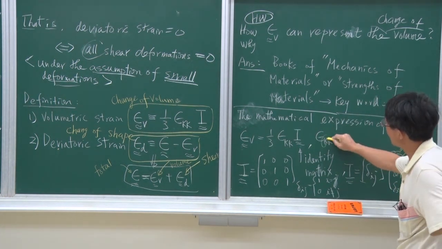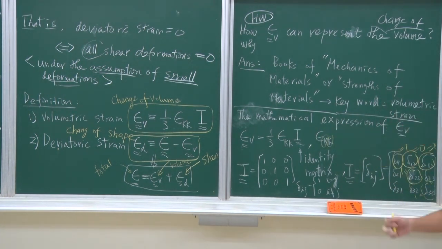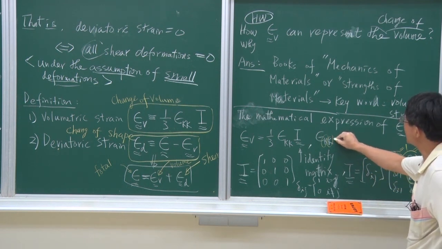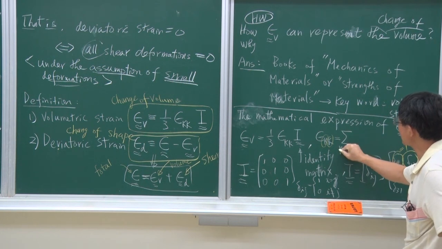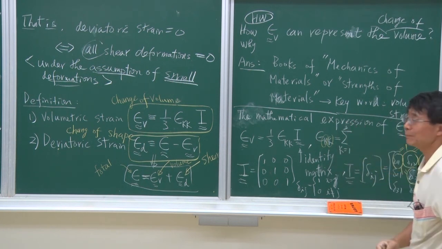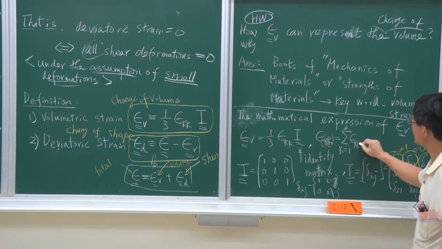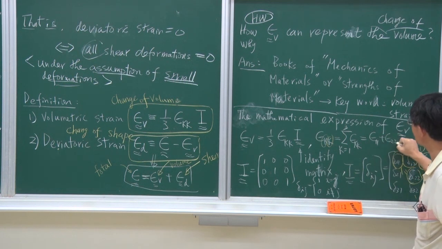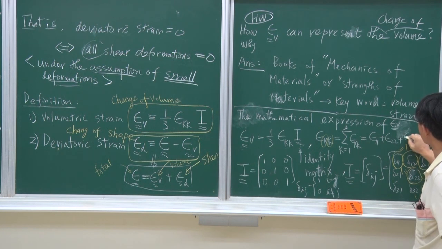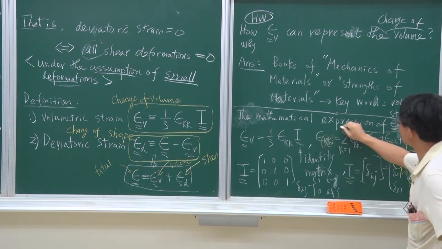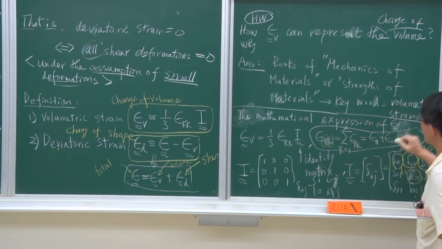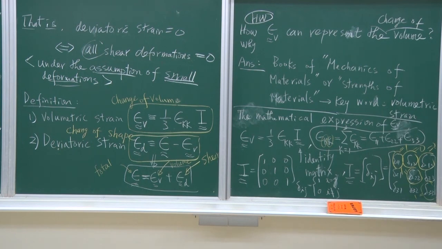See here, the index is repeating itself, so we should sum over it. It means that we sum from 1 to 3 epsilon kk. As a result, we have epsilon 11 plus epsilon 22 plus epsilon 33 here. This is the meaning of epsilon kk.